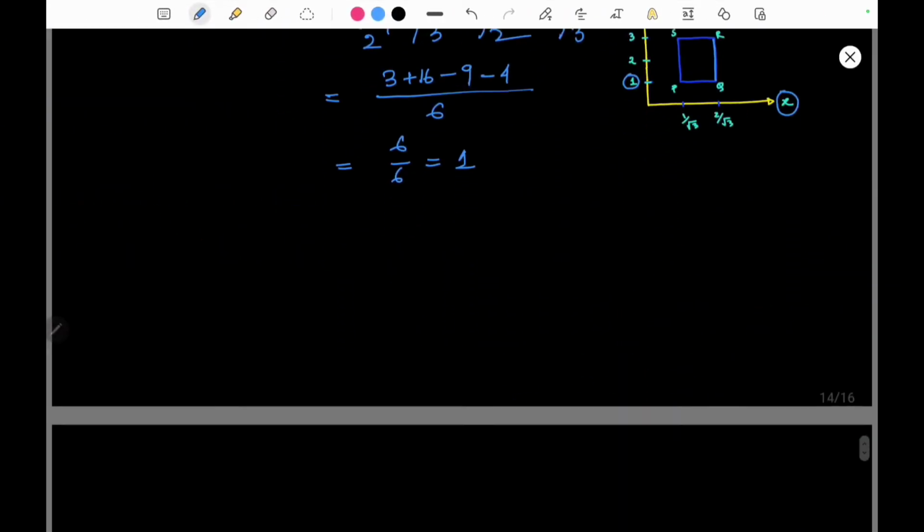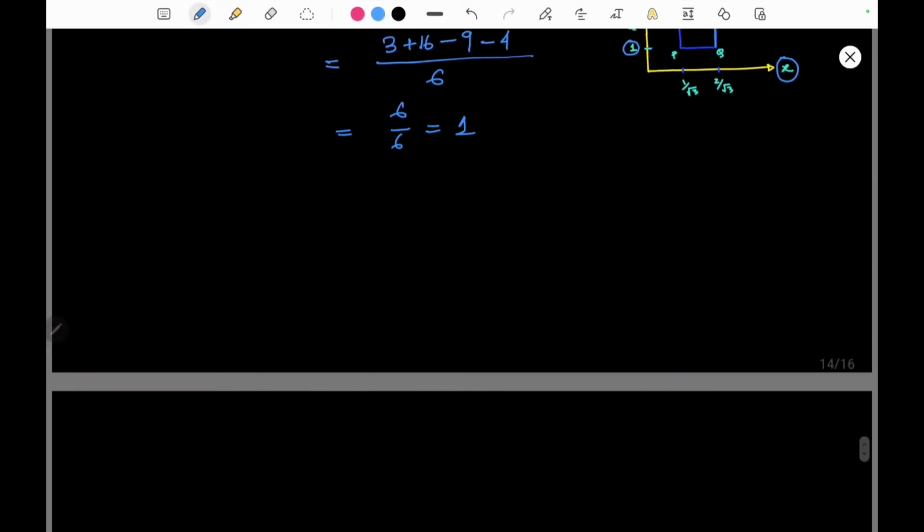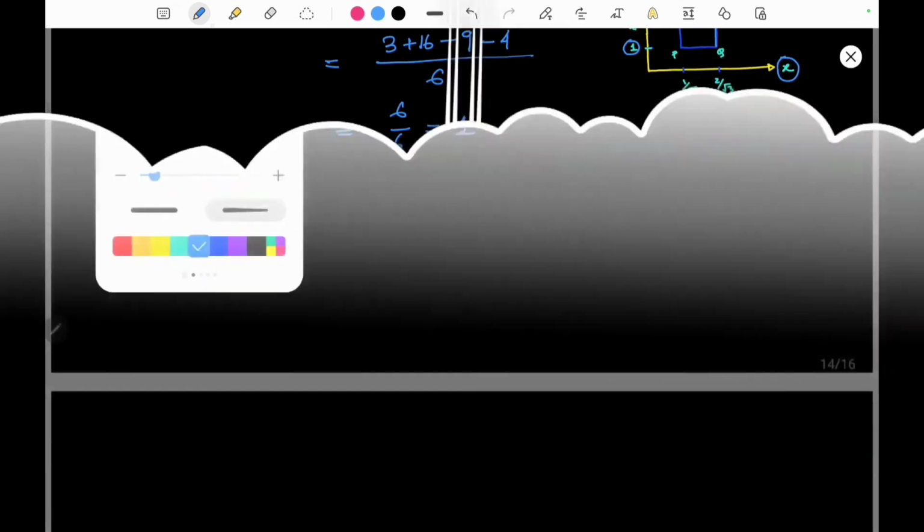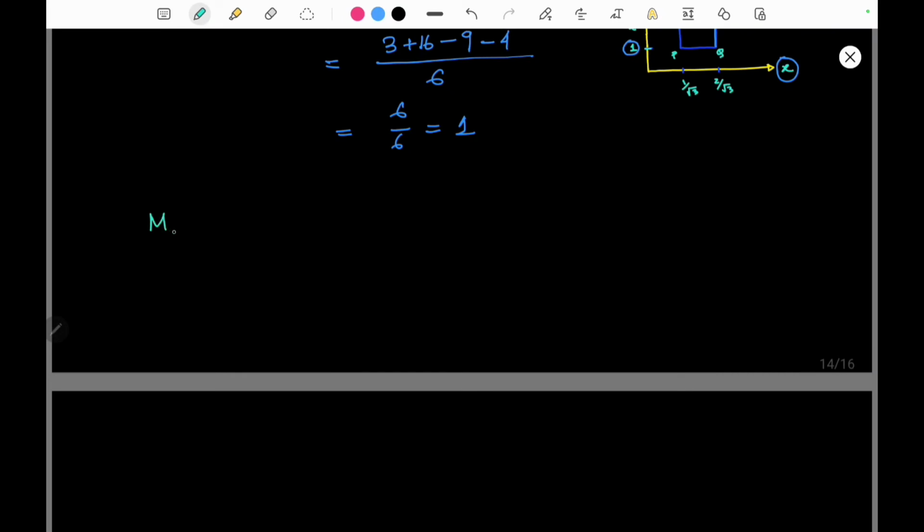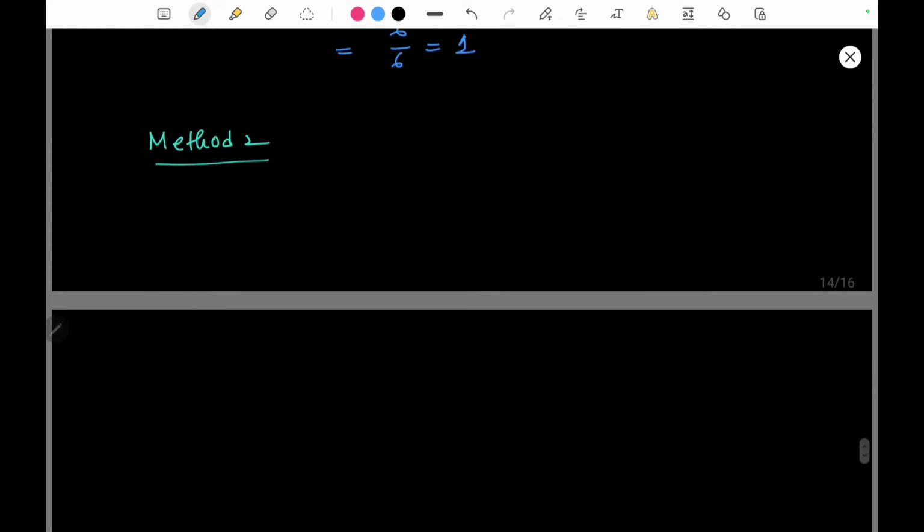Now this is the first method. Now we will solve the question with method 2. Now we will solve the question through Stokes theorem. So we can write our A vector again. It was this, we calculated.